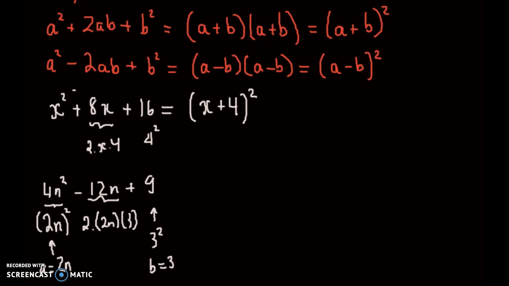And we know that 2 times 2 is 4, 4 times 3 is 12n. So I can rewrite this as 2n, because this is a minus sign, so minus b, which is 3, and this is squared. Okay, so this is actually a perfect square trinomial.